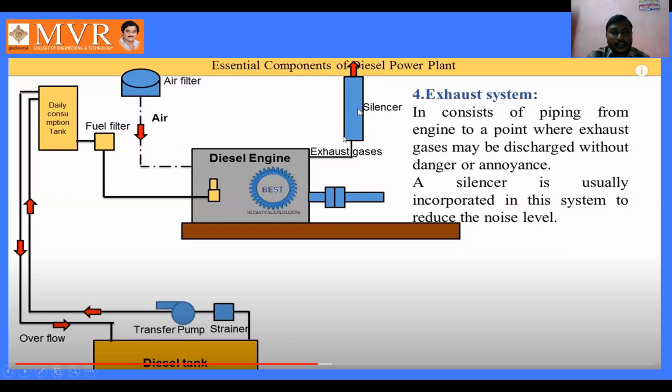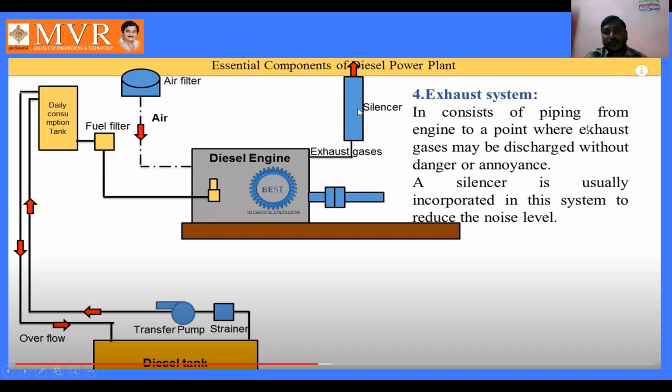This is the third one which we are using here. First we use the fuel, second we use the air, and after mixing the diesel and the air, we make the combustion. After combustion, some exhaust gases are developed, and they are released into the atmosphere by using the silencer.